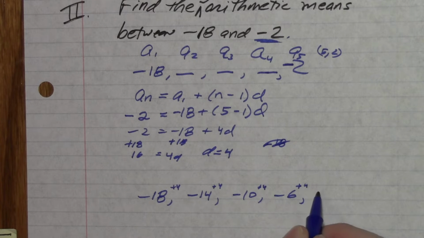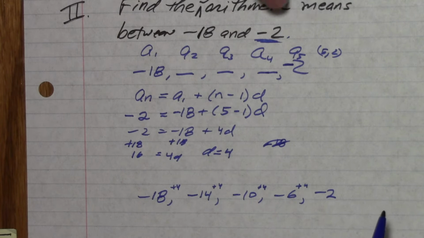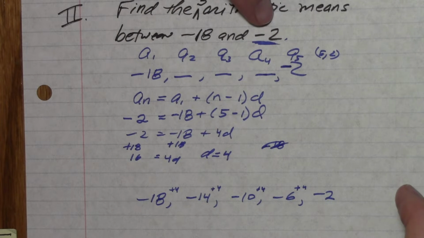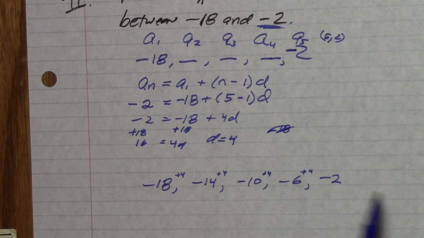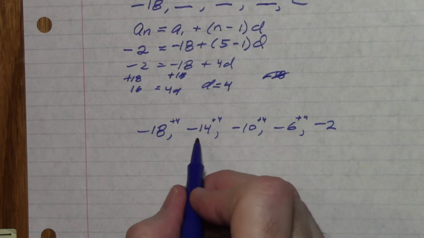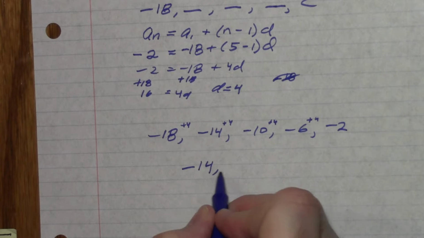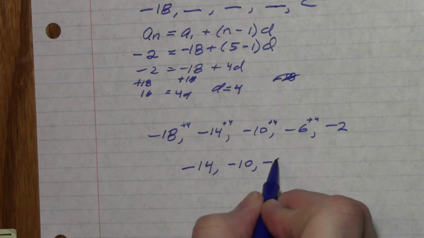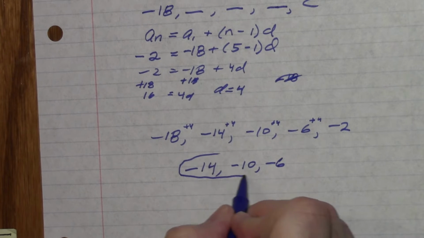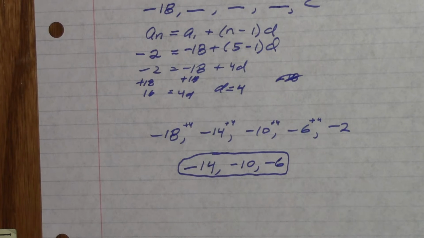And if I add 4 to that, I get the -2 that I'm supposed to have for the 5th term. So that proves that this works. So my answers, it says find the 3 arithmetic means: -14, -10, and -6.